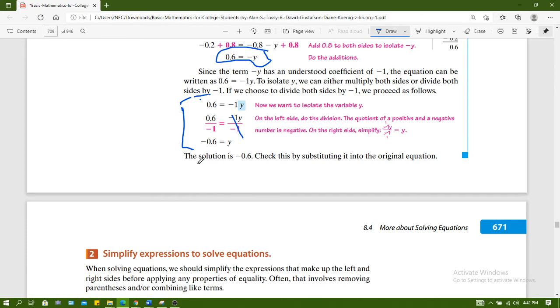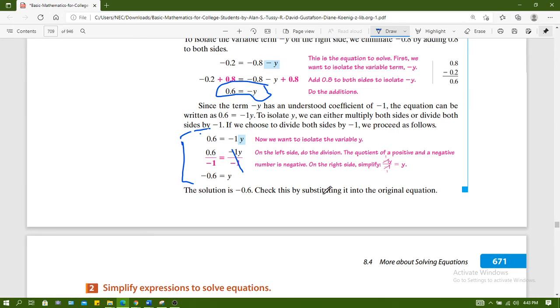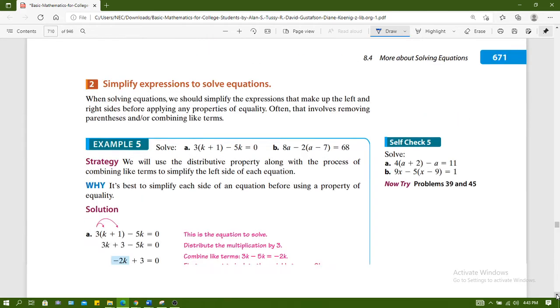So the solution in this given is negative 0.6. So you will be left to check if the answer is correct. Now, you go back to your self-check number 4 and answer it so that you can have more developed skill with the section, and you will check your answer later as we finish this discussion.